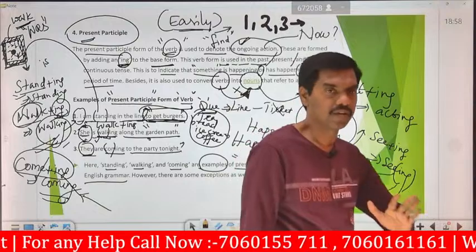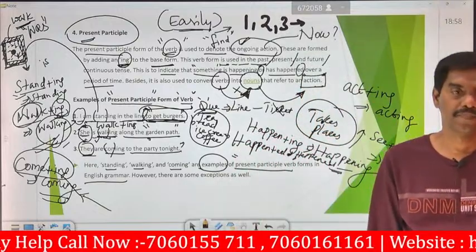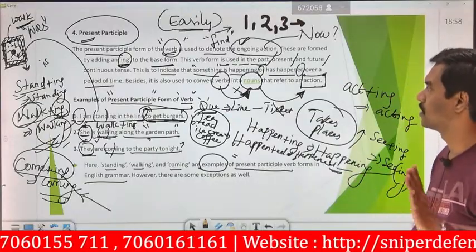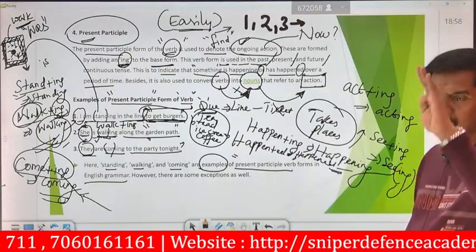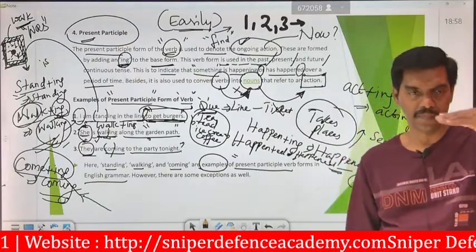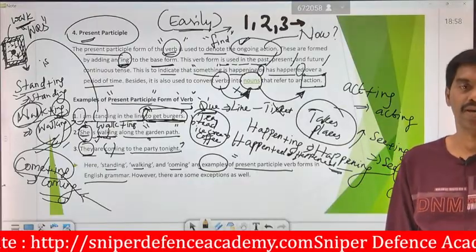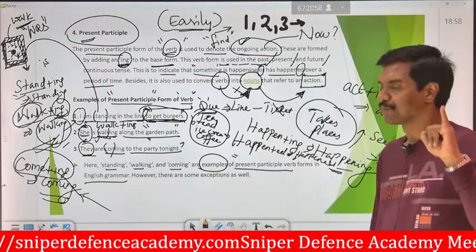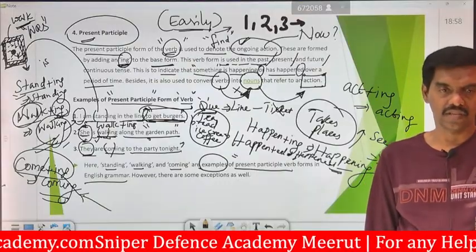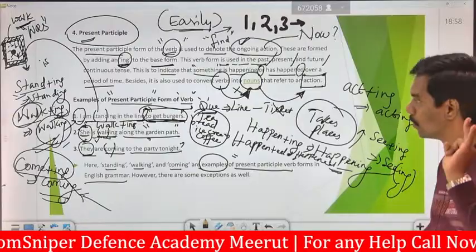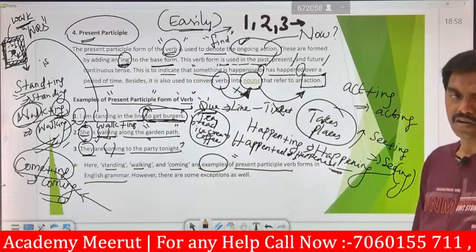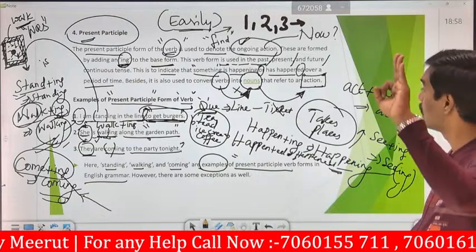If you want to revise, I will say it once again. A present participle is a type of verb where an ongoing action takes place. Something is happening at present. Here we add ing to verbs, and it always comes in continuous tenses like past, present and future.